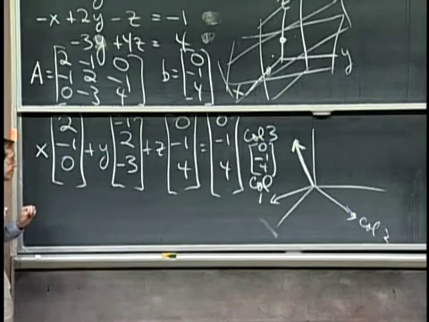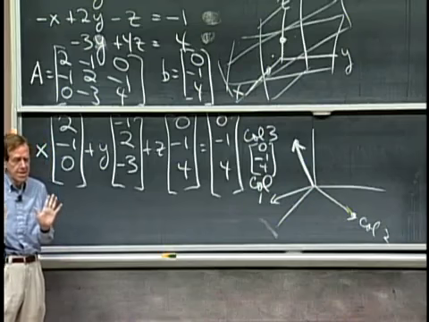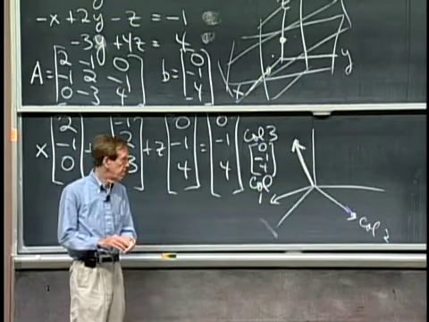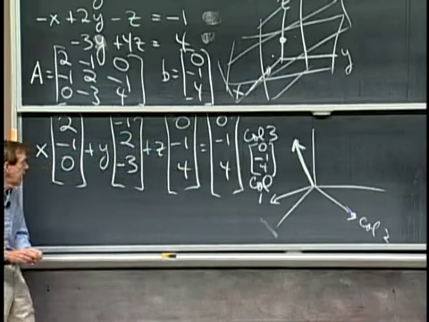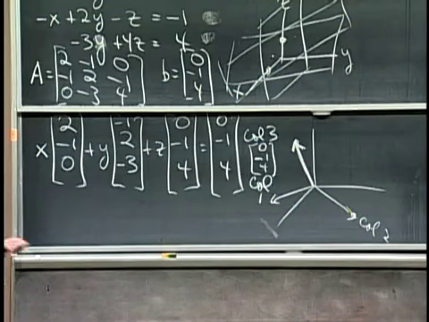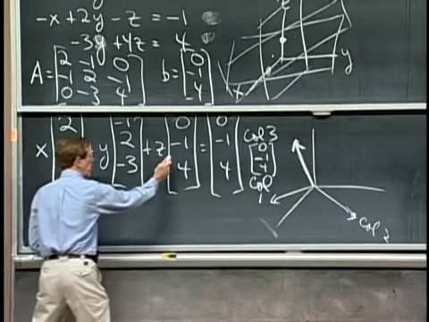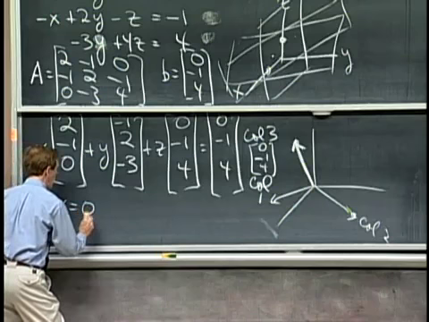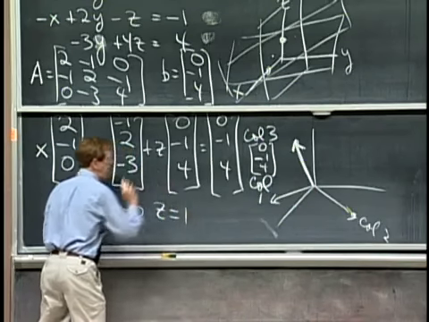Well, you can see what the right combination is, because in this special problem, specially chosen by the lecturer, the right-hand side that I'm trying to get is actually one of these columns. So I know how to get that one. So what's the solution? What combination will work? I just want one of these and none of these. So x should be 0, y should be 0, and z should be 1.